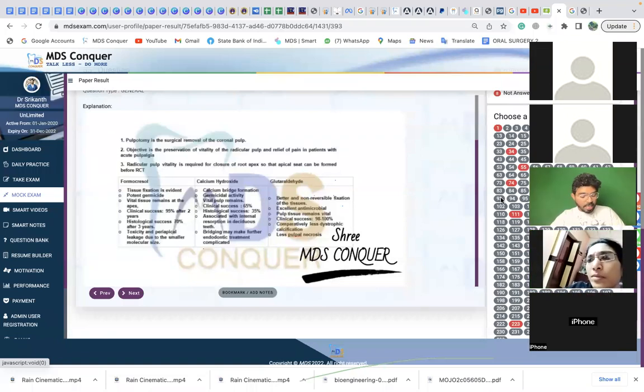I got 168 right questions, but sir, I'm getting 50, 55 negative marking in every exam. How to deal with it? Improve your right answers. As the number of right answers increases, the number of wrong answers will decrease. Even Shweta, who is an All India 8th ranker from MDS CONQUER, went wrong in 40 odd questions. Now you're in the range of 50 to 55.